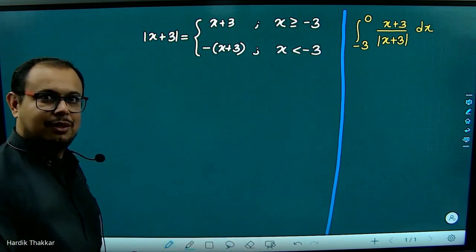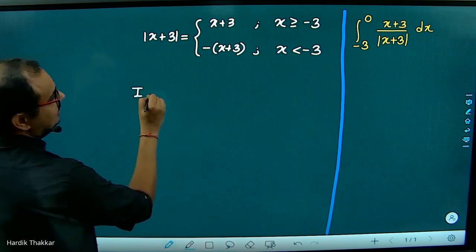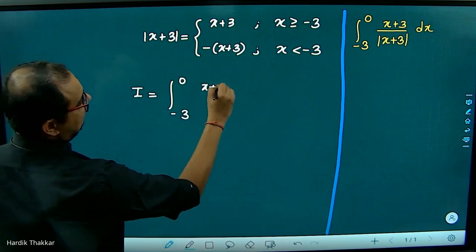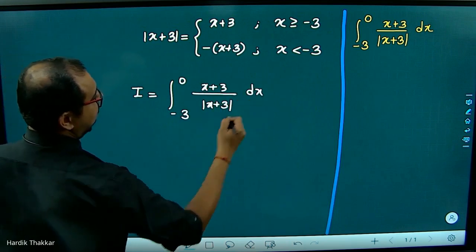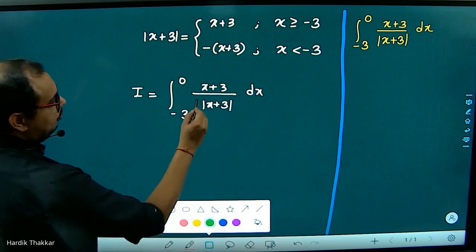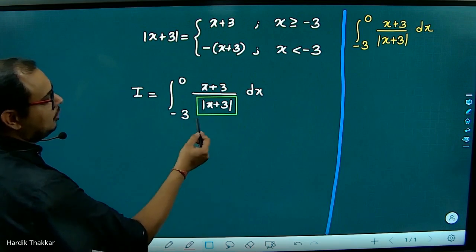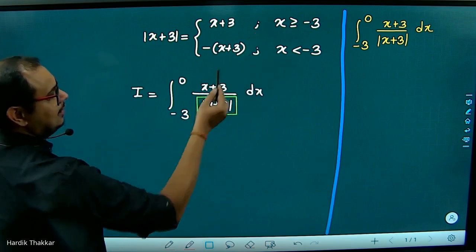Correct? Okay. Now, in this question, I is equals to integral -3 to 0 x plus 3 divided by mod x plus 3 dx. So, when we are going to put the value of this modulus function, we will check the values of x, whether x is in this interval or in this interval.